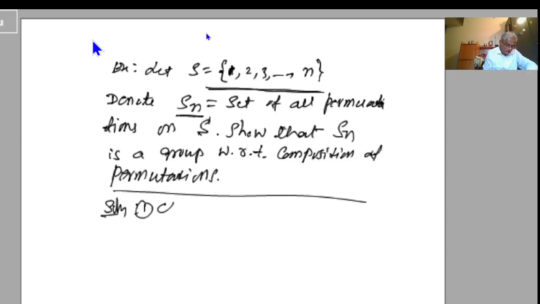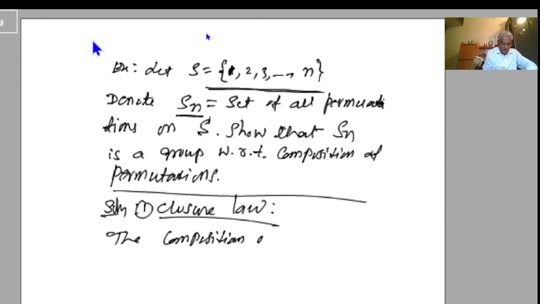First one, closure law. We know that the composition or product of permutations is again a permutation.